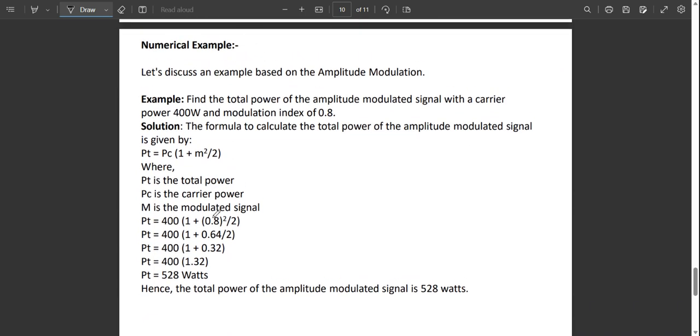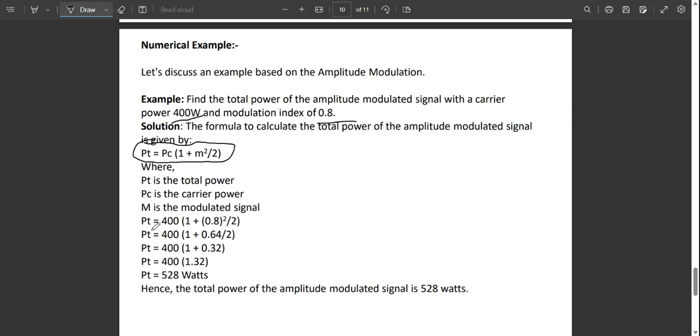Here we are asked to find the total power of an amplitude modulated signal if the carrier power is 400 and the modulation index is 0.8. From the equation, Pt equals Pc into (1 plus m square by 2), where Pt is the total power, Pc is the carrier power, and m is the modulation index.